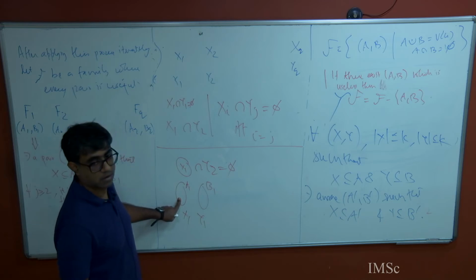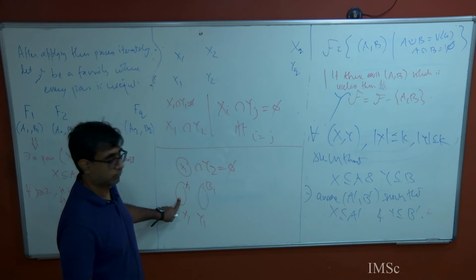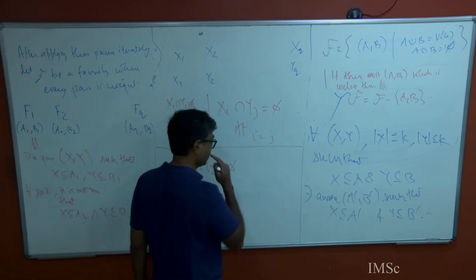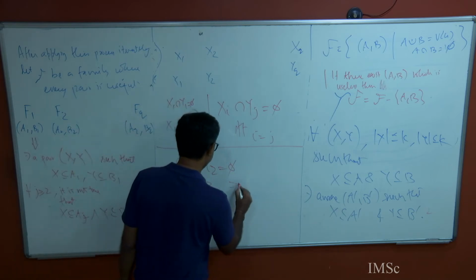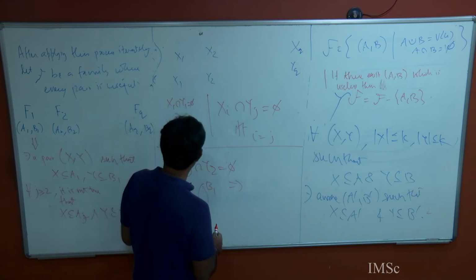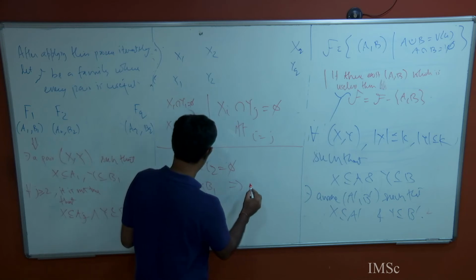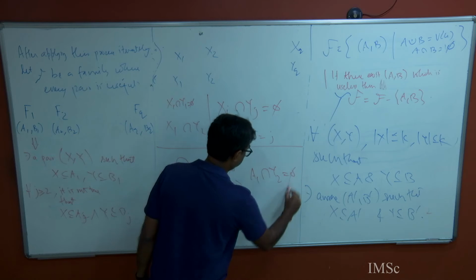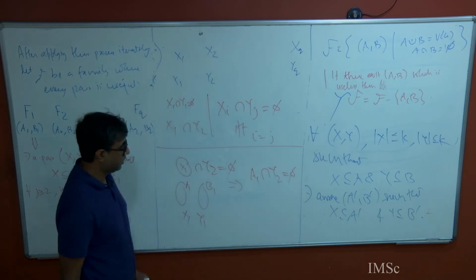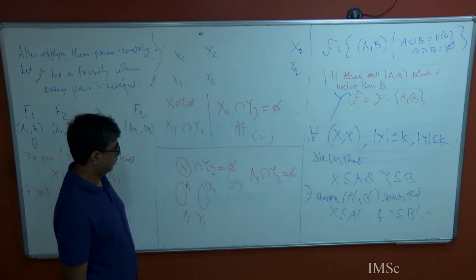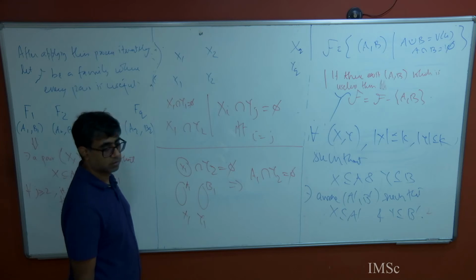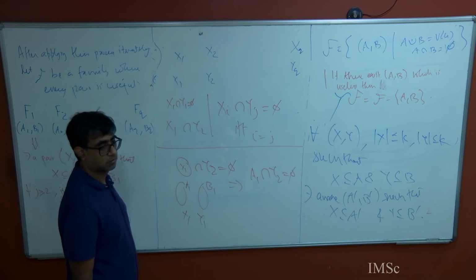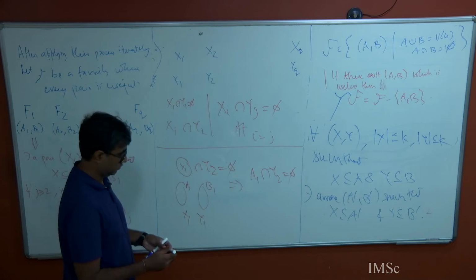May it contain an element from y2? No. Look, when you say that x1 intersection y2 is phi, this implies that a1 intersection y2 equals phi. So a1 must be contained in x2. No, but x1 is a subset of a1, so there can be one element that is in y2.